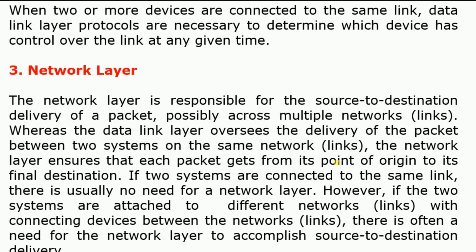Data will be converted into packets, as I said, in the packet transmission method. When it is sending the packet, whether it reaches the destination or not will be taken care of by this layer. If it is received, it will send the next frame, and if it is not received, it will resend the frame.